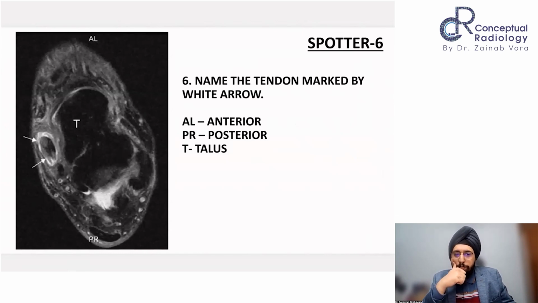You just have to name the tendon which has been marked by the white arrow. T is for talus. This is your anterior part and this is your posterior part.